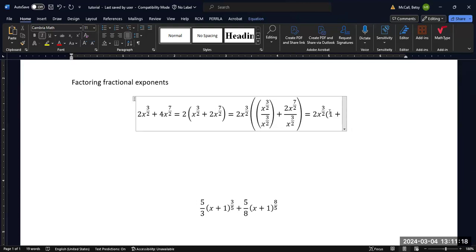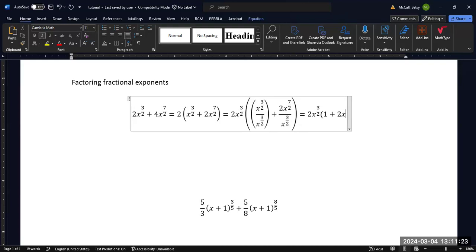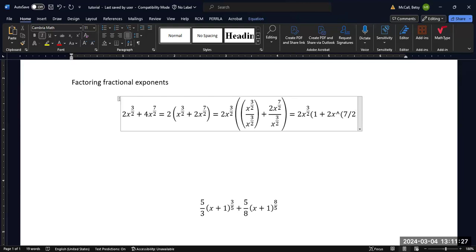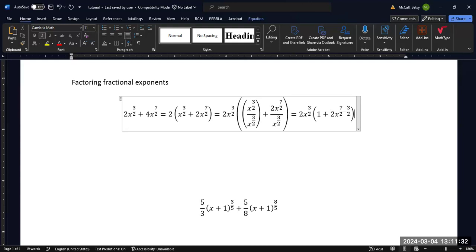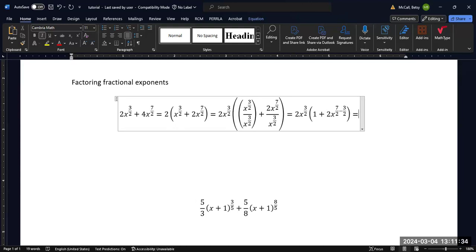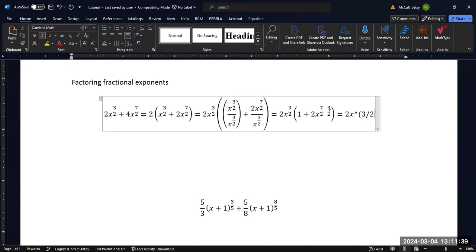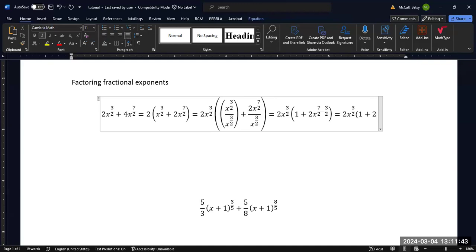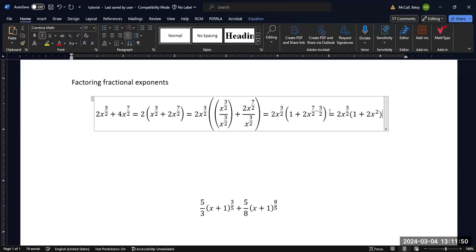In the second term, I'm going to subtract the exponents. So I can think of this like 7/2 minus 3/2 in the exponent. And 7/2 minus 3/2 is 4/2. 4/2 is a 2.